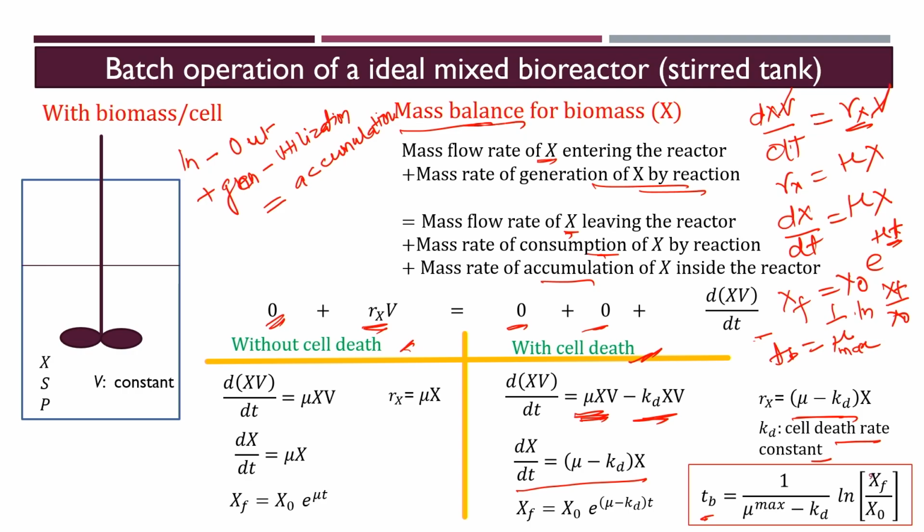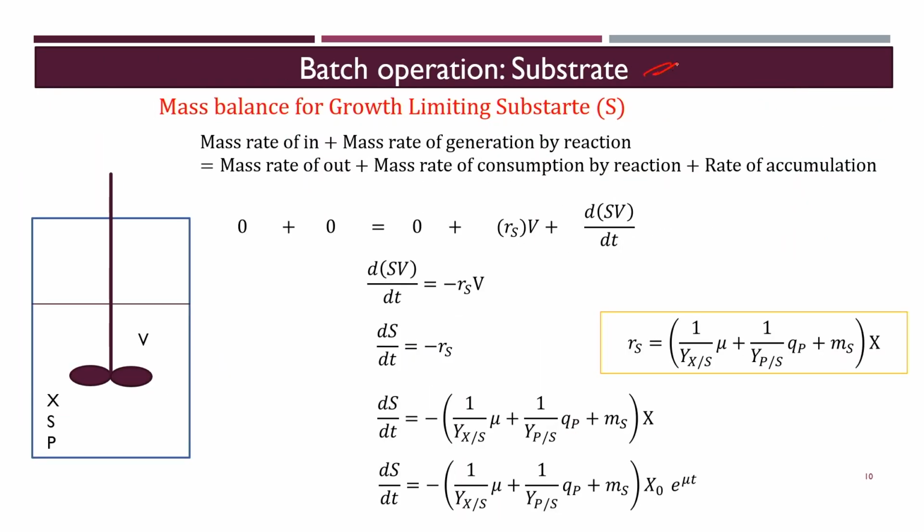So, if you know the initial biomass and final biomass, we can calculate the batch time, or if you know the batch time, we should be able to calculate the final biomass concentration. Now, batch operation, balance for the substrate. Substrate inlet is 0, substrate generation is 0, substrate outlet is 0.